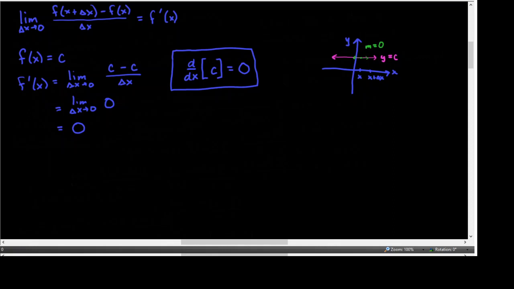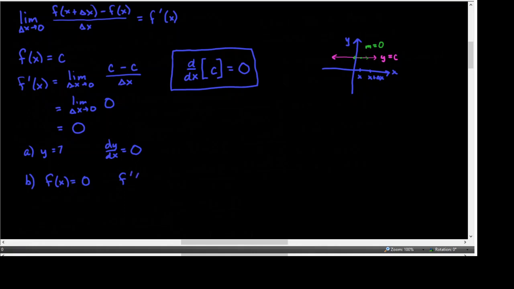Okay, so that's the simplest function to deal with. So if I gave you these examples, y equals 7, what is its derivative? Well, since y is a constant, its derivative is 0. F of x equals 0, the horizontal line, which is the same as the x-axis. What is its derivative?